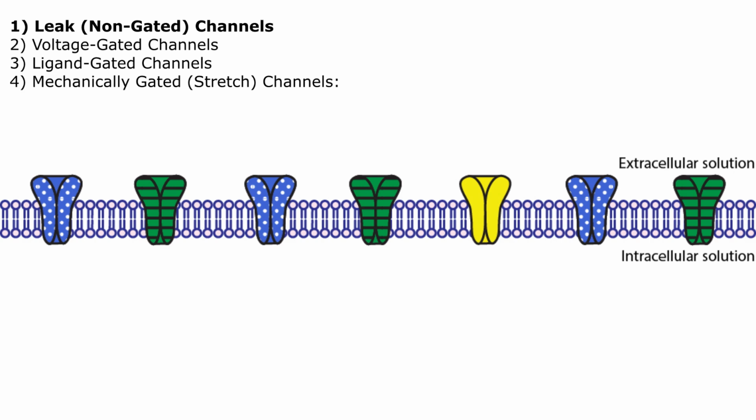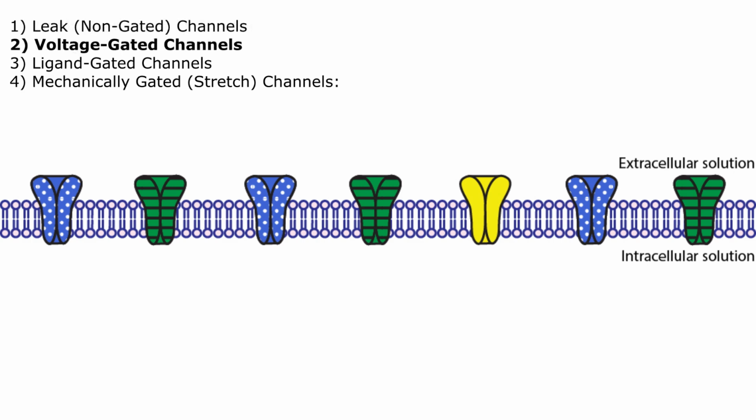Now, these leak channels open and close randomly or remain partially open, contributing to the resting membrane potential. And if you guys remember, the resting membrane potential was described in my previous video. For example, some potassium leak channels help keep the inside of a neuron negatively charged relative to the outside.